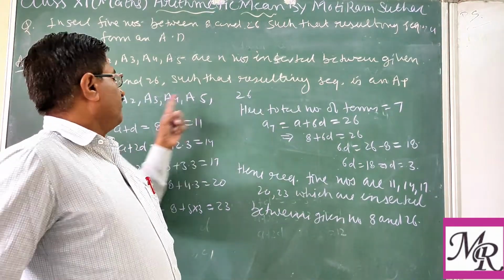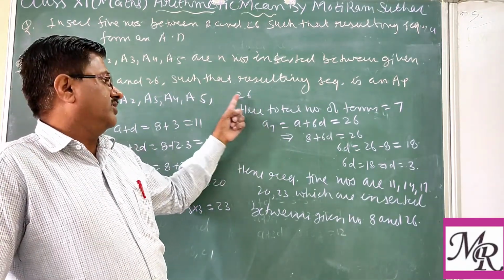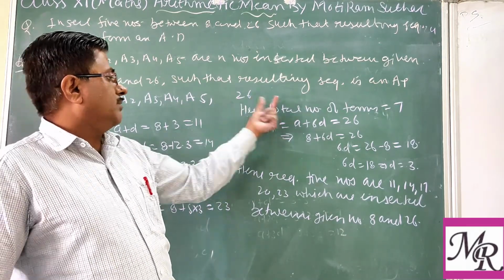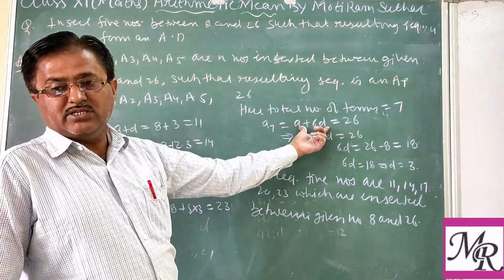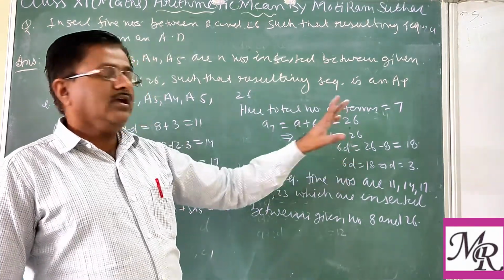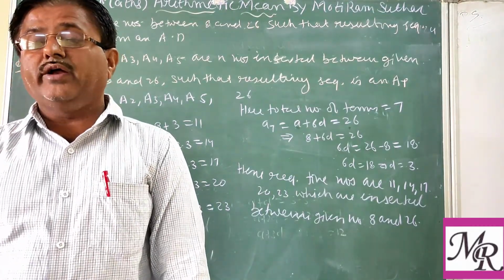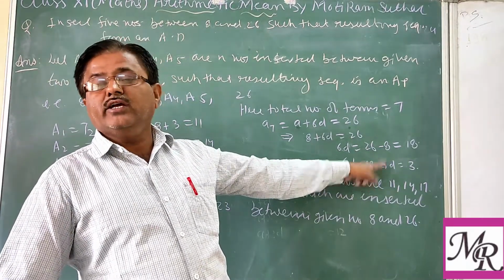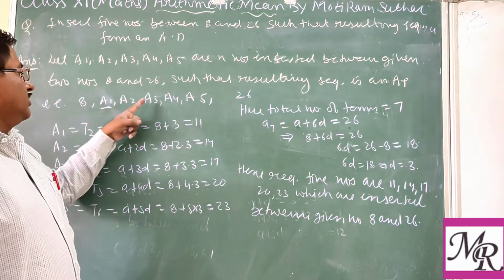First term A is already given, last term is already given. So with the help of the first term and last term, we can find the common difference. That is important because there are a total of 7 terms. The value of the 7th term is already given, 26, and the formula for the 7th term is A plus 6D. Now put the value of A and D and simplify, you get it. So first of all, it is very important how to find this D. And after finding D, again it is important to find A1, A2, A3.